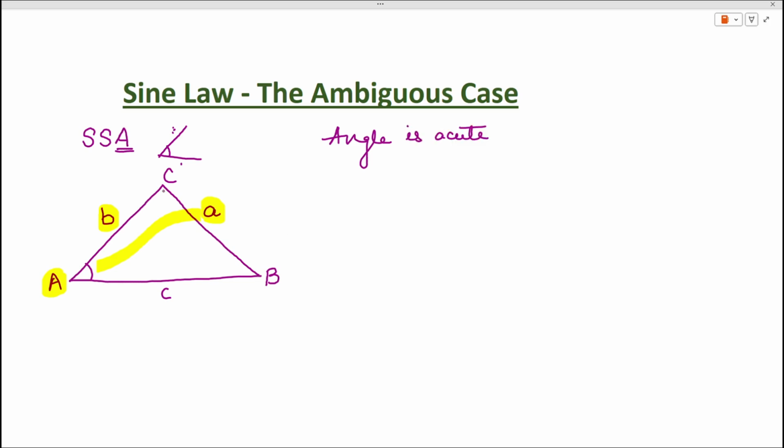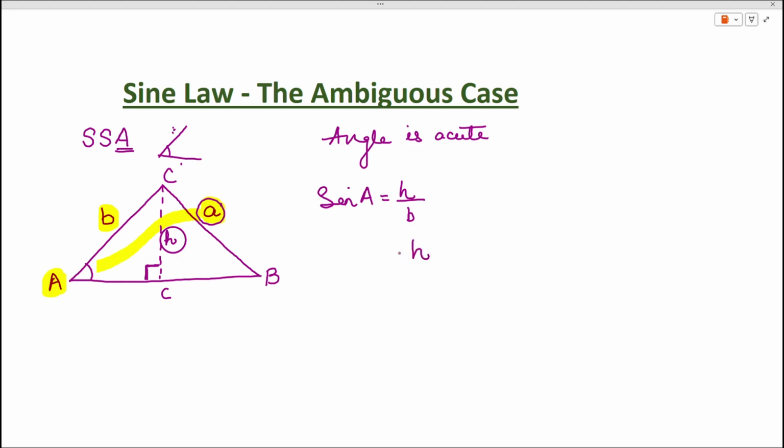The first thing we have to do is find the perpendicular height of this triangle and then compare the given side a with the calculated height. Now how do we figure out this height? This triangle is a right triangle, and using SOHCAHTOA we can write that sine A is equal to h over b.